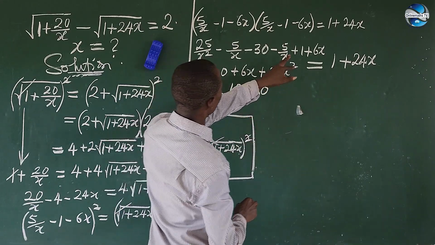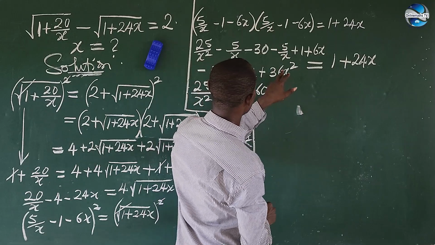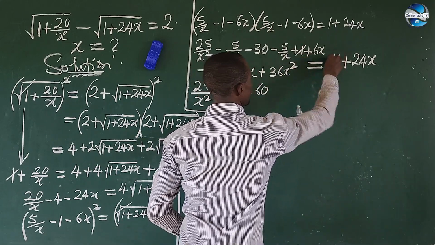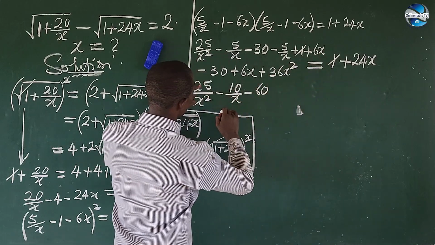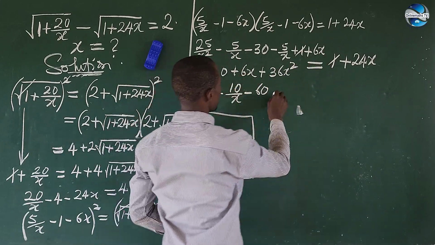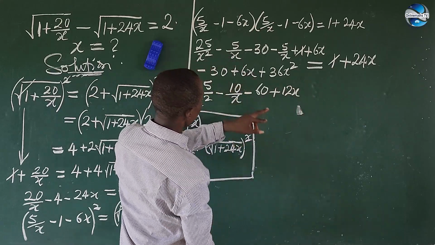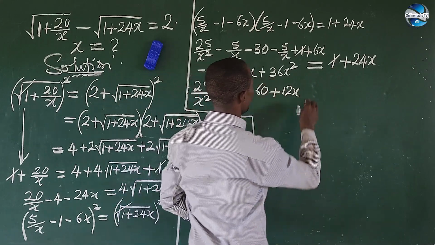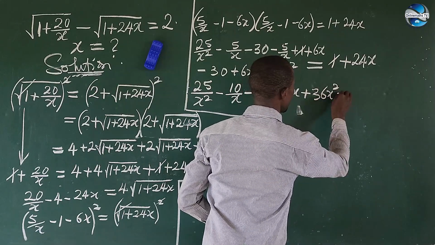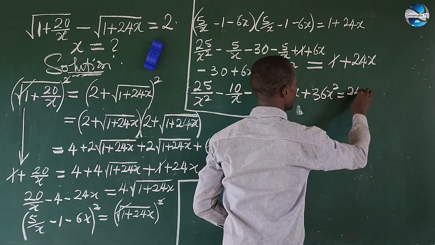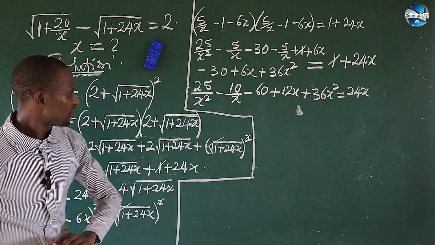Then plus 1. Do we have any other number? No number. So this and this will leave. Then 6x plus 6x here we have plus 12x. Then here we have plus 36x squared. Everything equals to 24x.